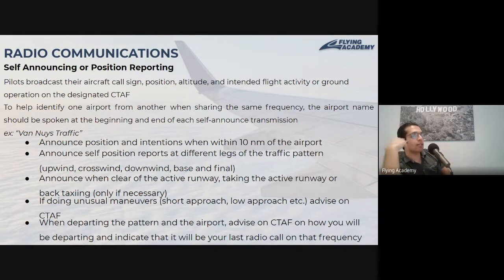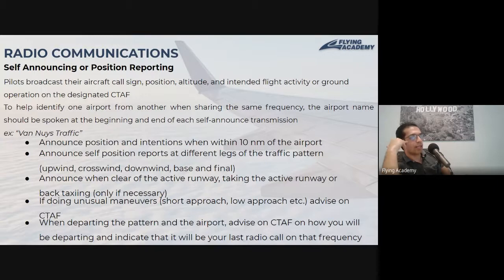As you're getting closer, you expand the intention as well. You'd say, Corona traffic 19886, five miles southwest, joining left downwind for runway 25, landing full stop, Corona. You announce the intention, then execute it.